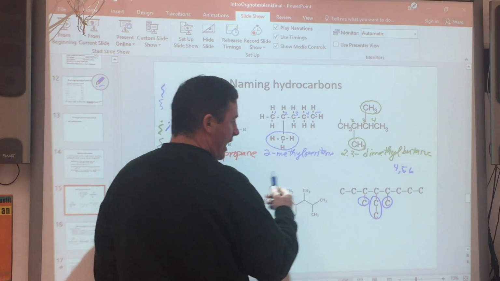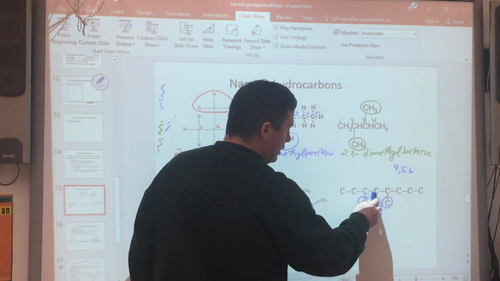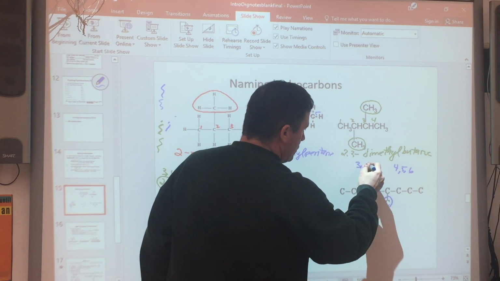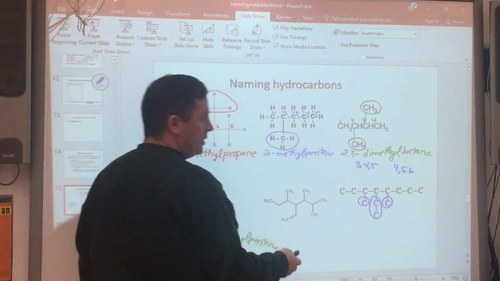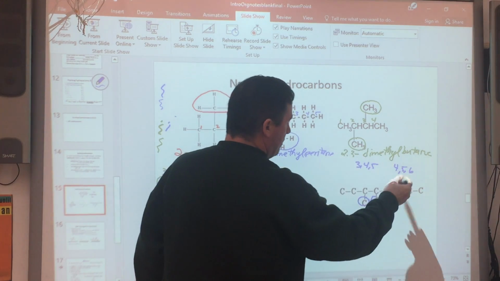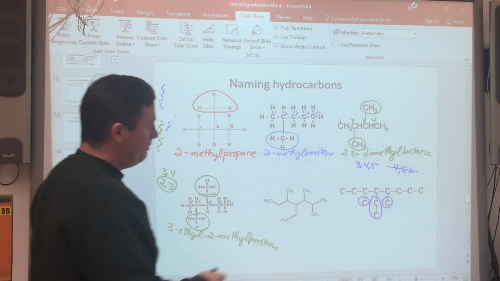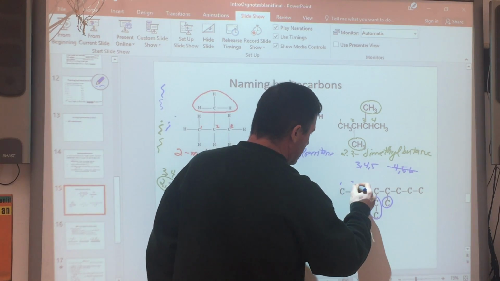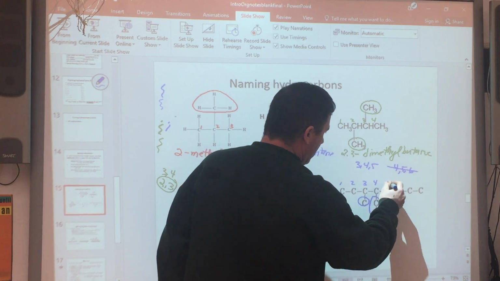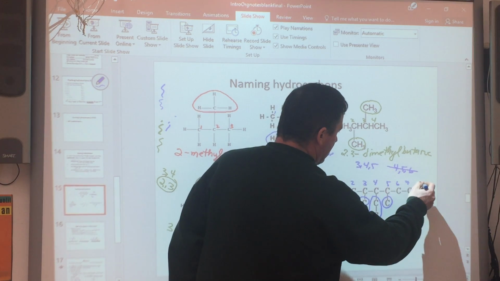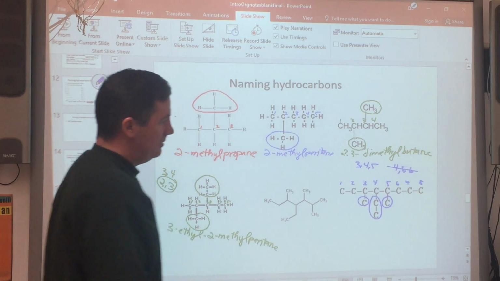If I started on the left, it would be 3, 4, 5. Which one am I going to choose? Well, which one has the lowest combination of numbers? The 3, 4, 5. So I can number them 1, 2, 3, 4, 5, 6, 7, and 8.